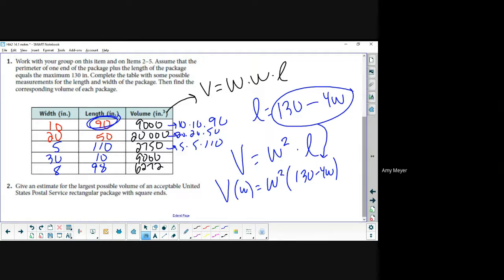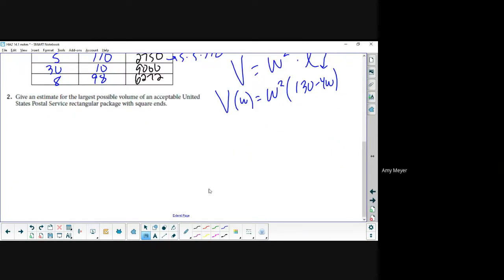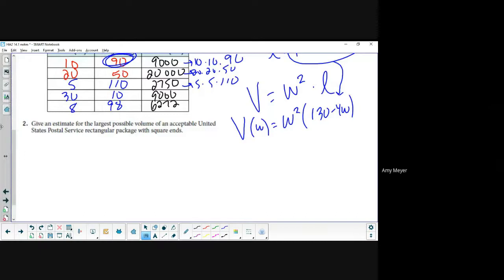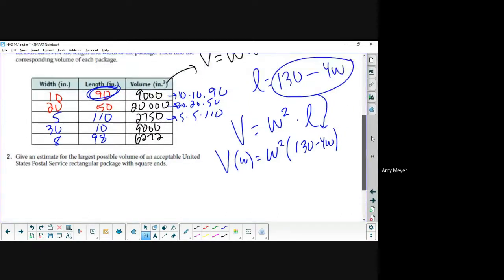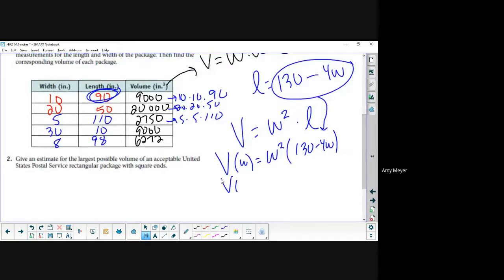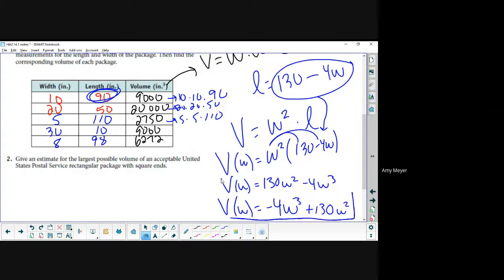Please go ahead and write this in standard form. Distribute it out and write the highest term first.